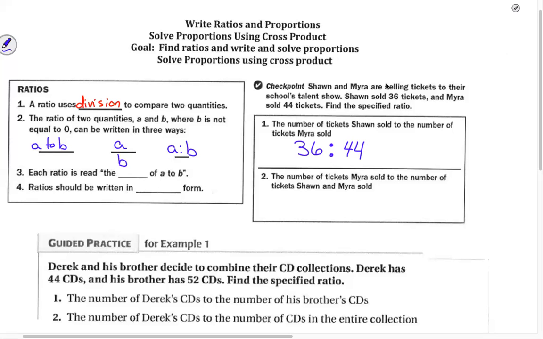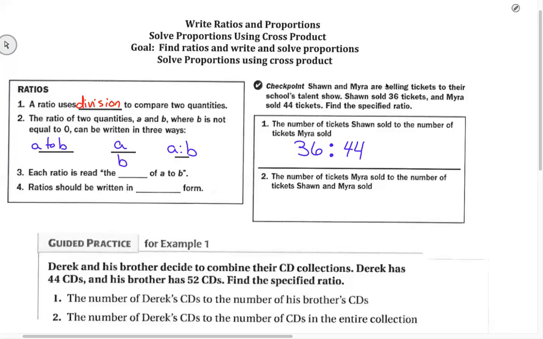You guys see how I did that? Can somebody else give me an equivalent ratio? No, because that reverses it. That would tell me Myra's tickets to Sean's. So you got to keep it in this order.